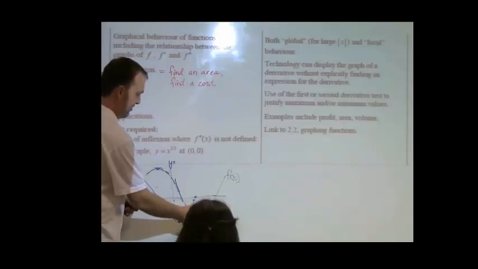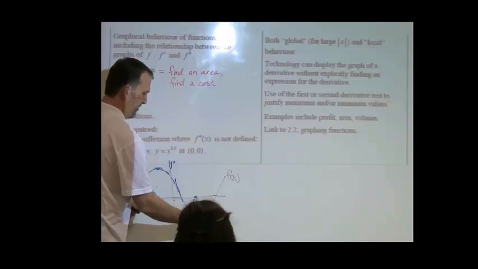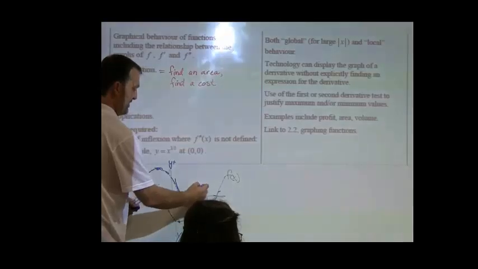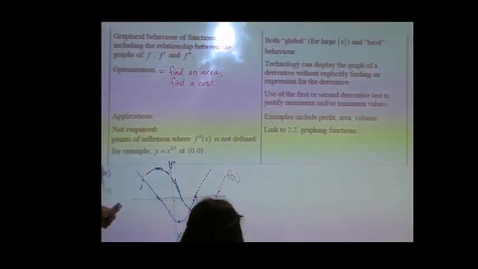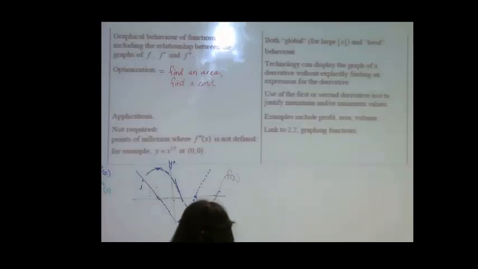And then from this point, this direction, I'm back to having positive slope. So I'm back to the positive side of the x-axis, or the y-axis. Now, does that make sense?